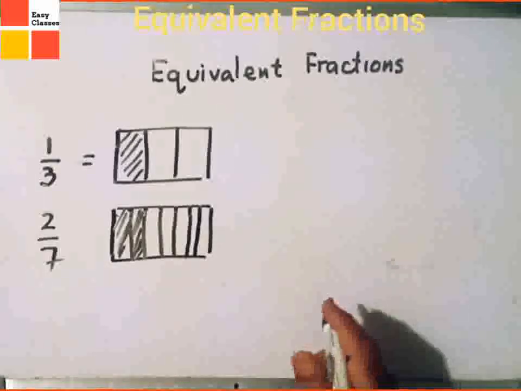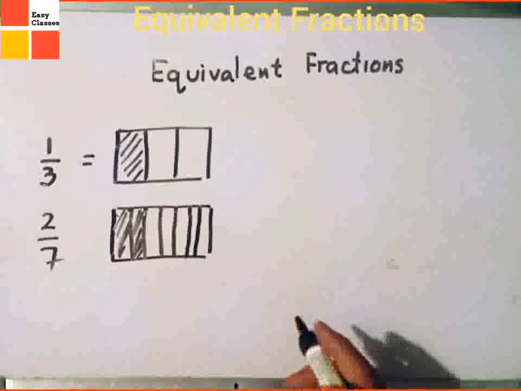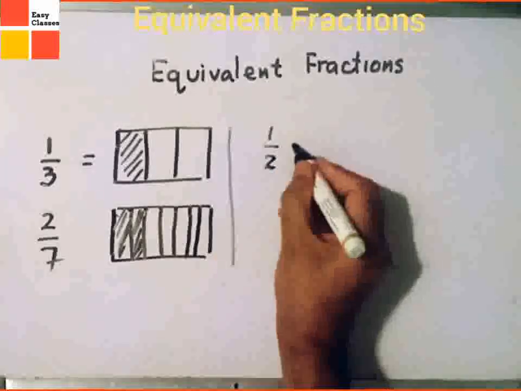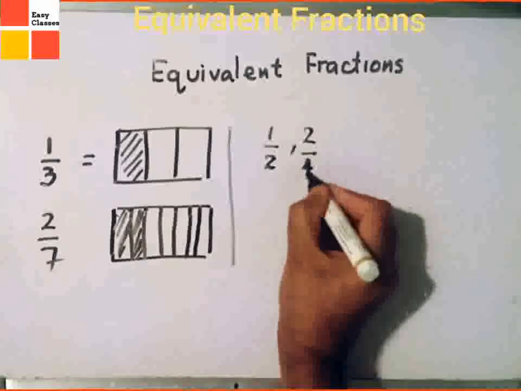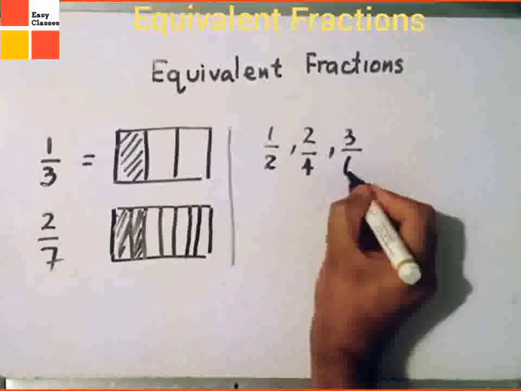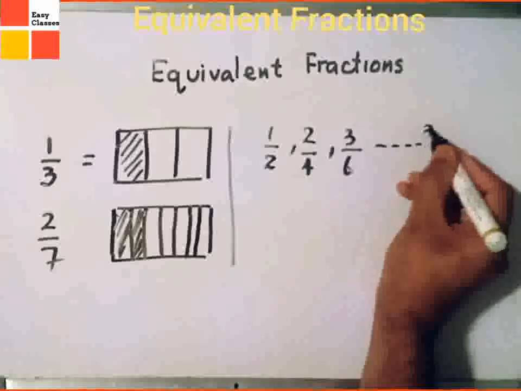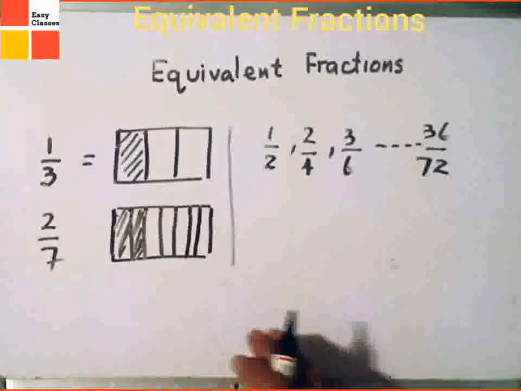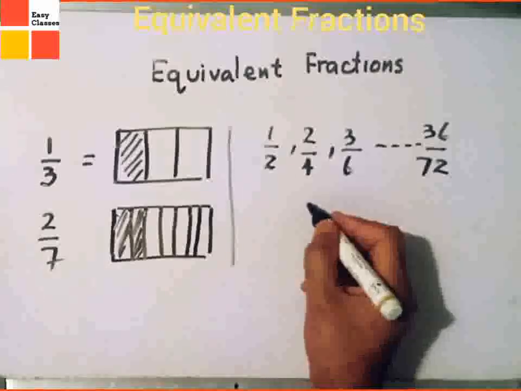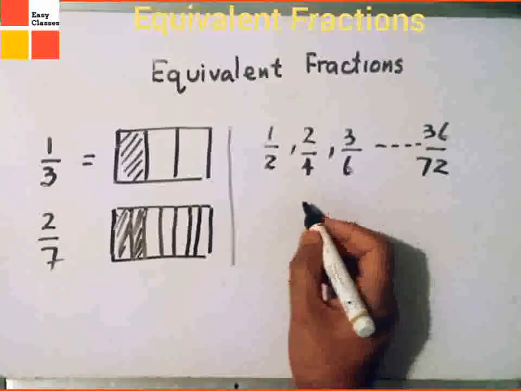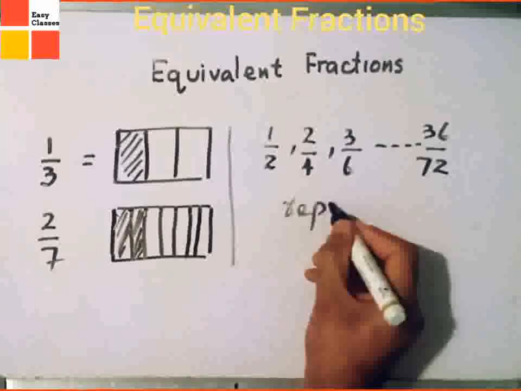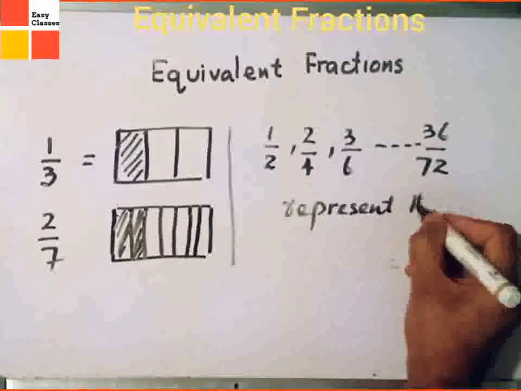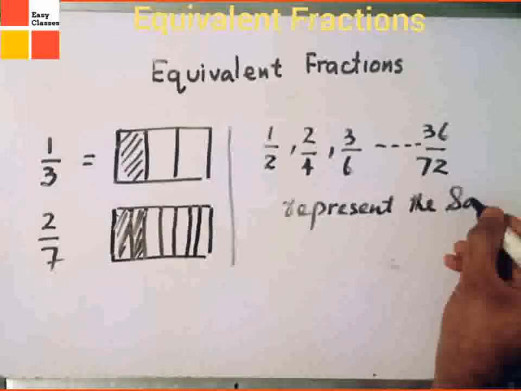See, for example, this fraction, 1 by 2, 2 by 4, 3 by 6, and so on up to 36 by 72. All these fractions are called equivalent fractions. Why? Because they represent the same part of the whole.